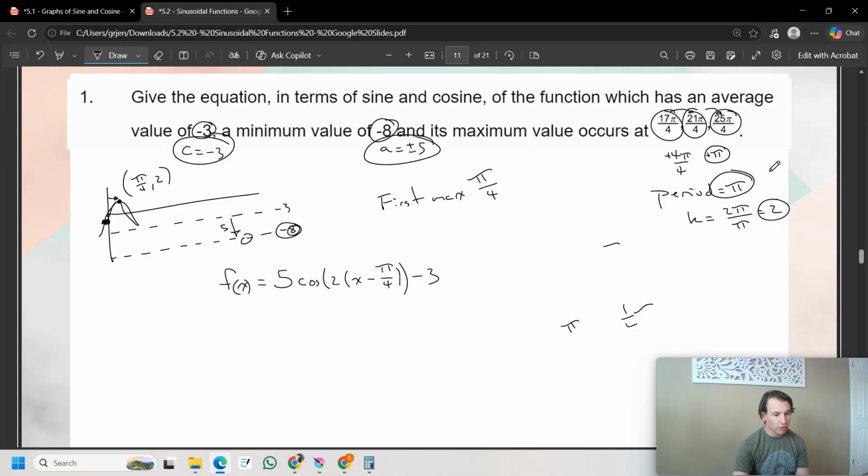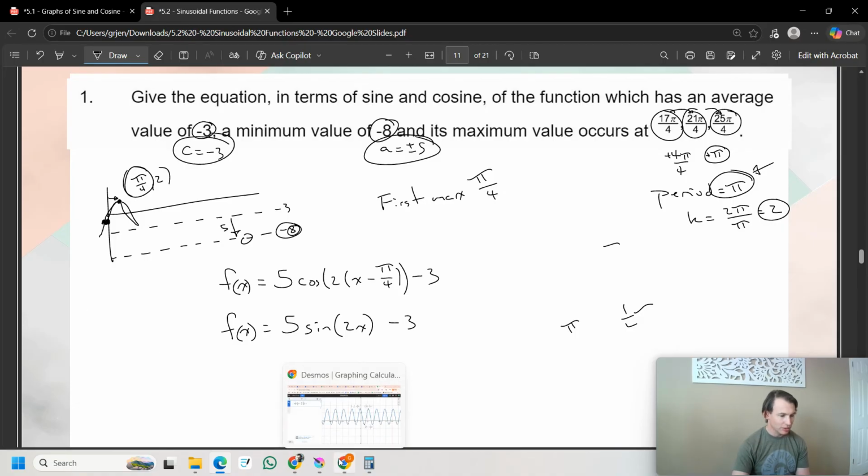So 1/4 of my period is pi by 4. So I can also have f of x is equal to 5 sine of 2x minus 3. No phase shift required because sine will start 1/4 period before cosine does. So that puts the starting point directly on the x-axis.